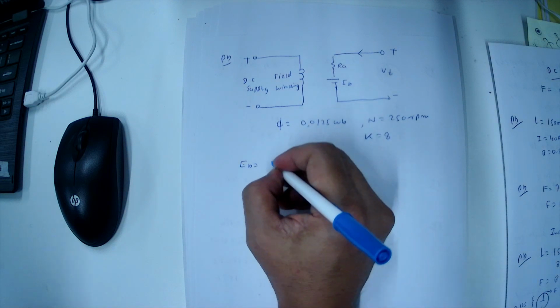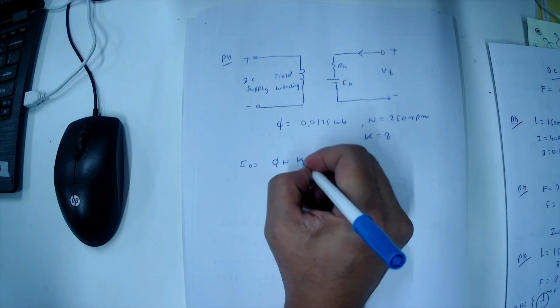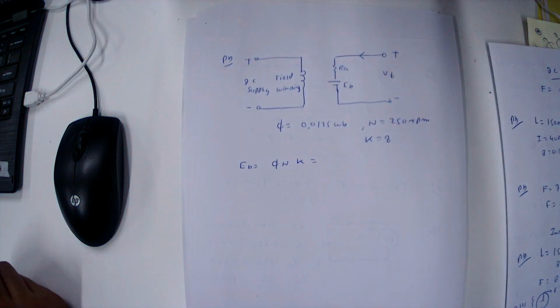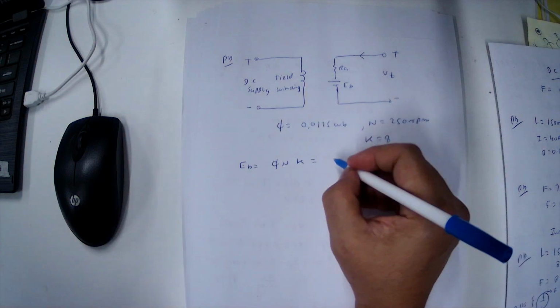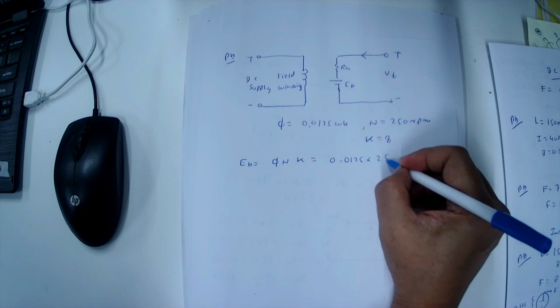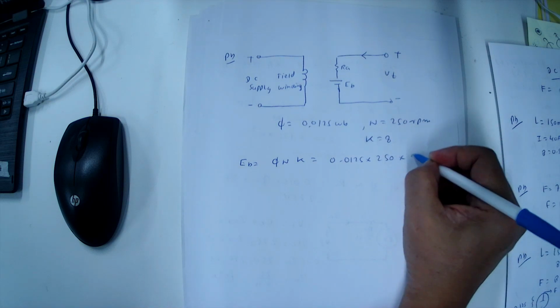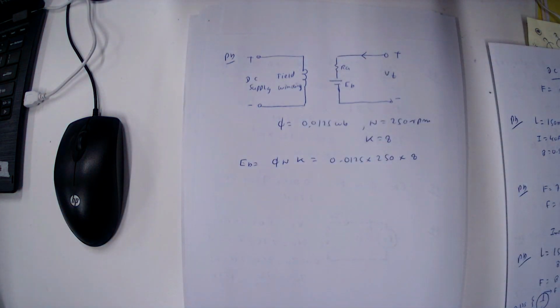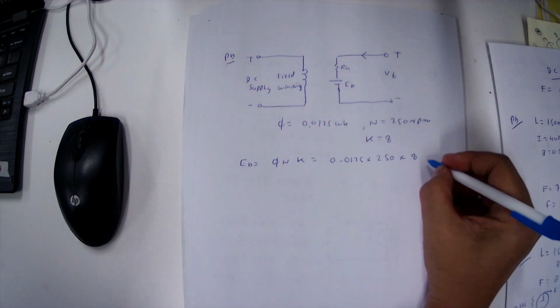EB equal to phi n into K. Phi is the flux, n is the RPM, K is the constant. So we substitute 0.0125 multiply 250 multiply 8, so you got 25 volt.